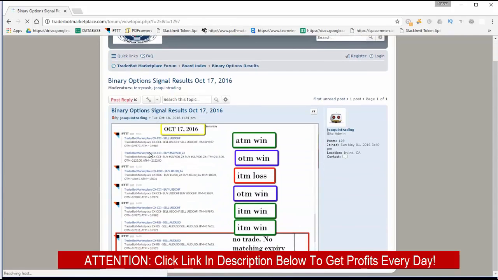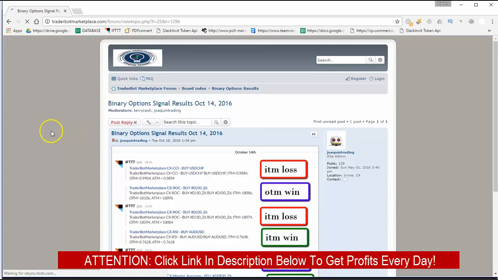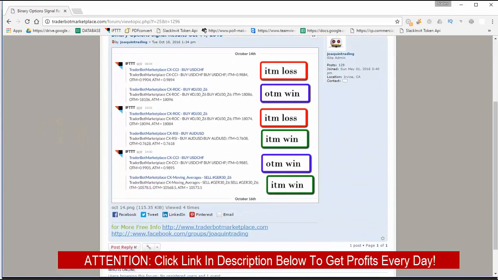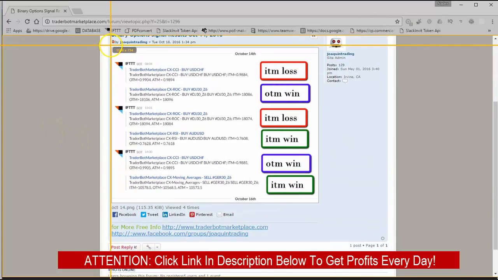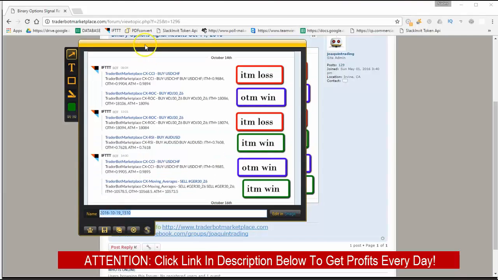Yesterday, here were the results. We had 2 OTM wins. We had a bunch of ITM wins, and we had 1 ITM loss. But the only ones that we're focused on are these 2 right here. So let's go back to the day before that. Here are the wins and losses. I'm taking a picture of these, I'm going to use them in an example here in a few minutes.